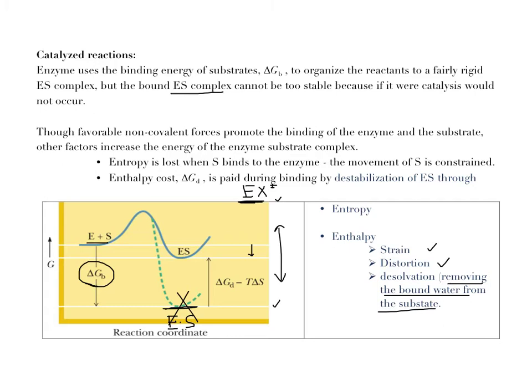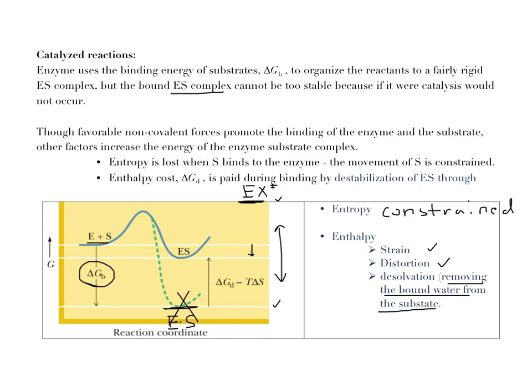And we are definitely not favoring the formation of the ES complex through entropy, since the ES complex is more constrained in its mobility than the enzyme and the substrate are alone.